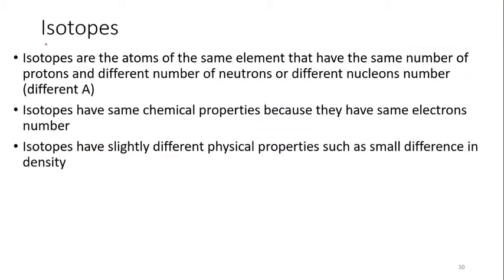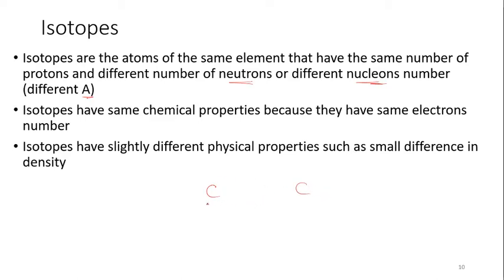Isotopes. Isotopes are the atoms of the same element that have the same number of protons and a different number of neutrons, or different nucleon numbers, which is A. Isotopes have the same chemical properties because they have the same number of electrons. So what are isotopes? Isotopes have the same number of protons.